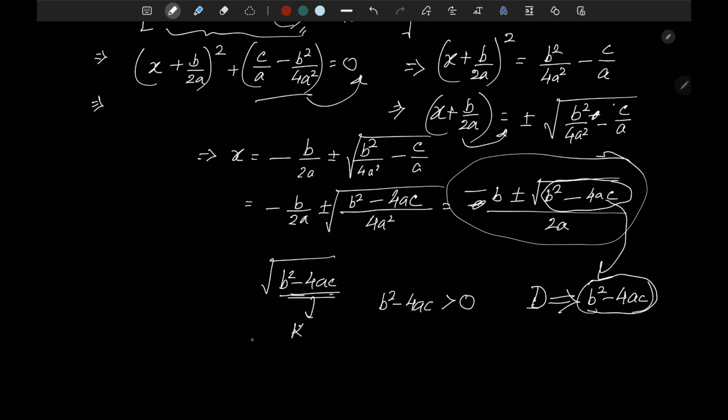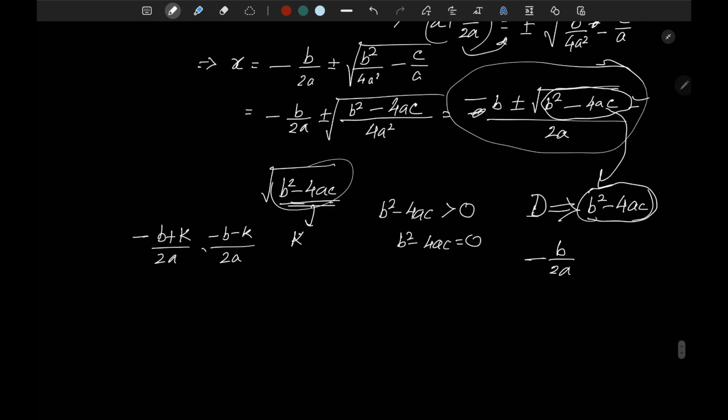So the roots will be minus b plus k by 2a and minus b minus k by 2a, two different roots. If b square minus 4ac is equal to 0, this term vanishes. So you will have only one root, a repeated root.